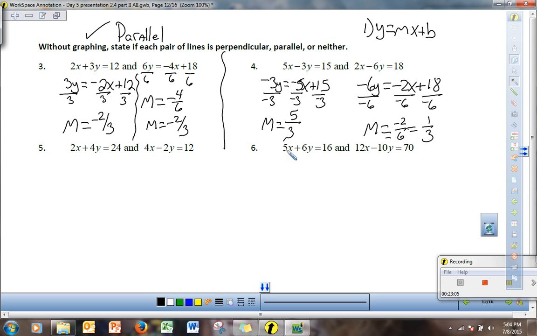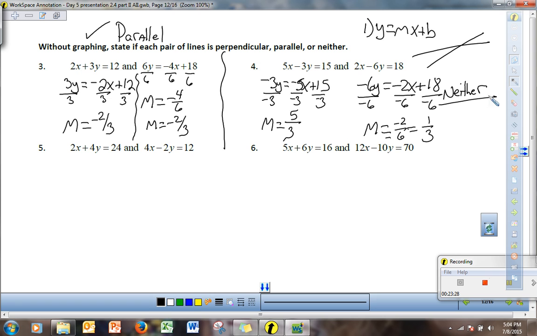Hey, so I got a slope of 5/3 and I got a slope of 1/3. It's still important, but these lines aren't parallel and they're not perpendicular. What they will do is they will both intersect somewhere, but this would be neither. They're neither parallel or perpendicular.